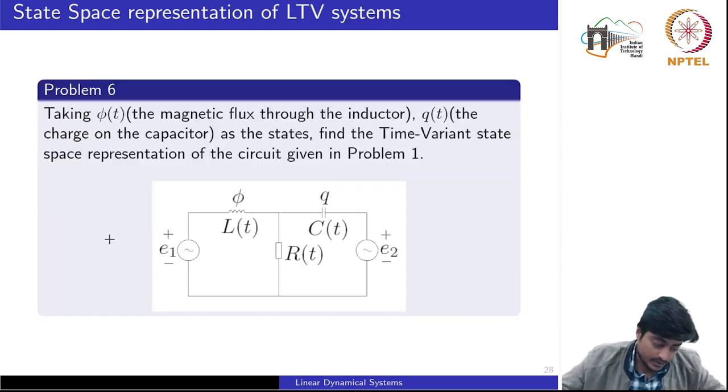Now problem 6 also deals with the state space representation of a similar circuit, but here we have chosen different state variables. In problem 5, the state variables were chosen as the current flowing through the inductor and the voltage developed across the capacitor.